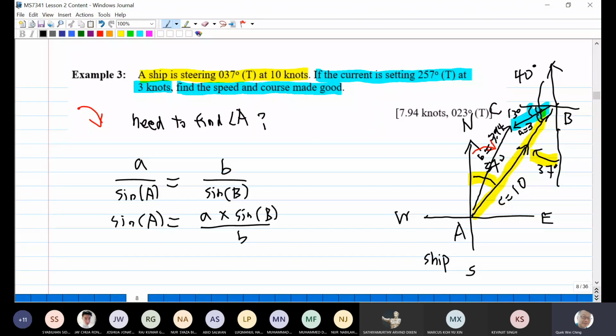Okay, sine A is equal to a times sine B over b now, where a is actually 3 sine 40, and then b is 7.94.